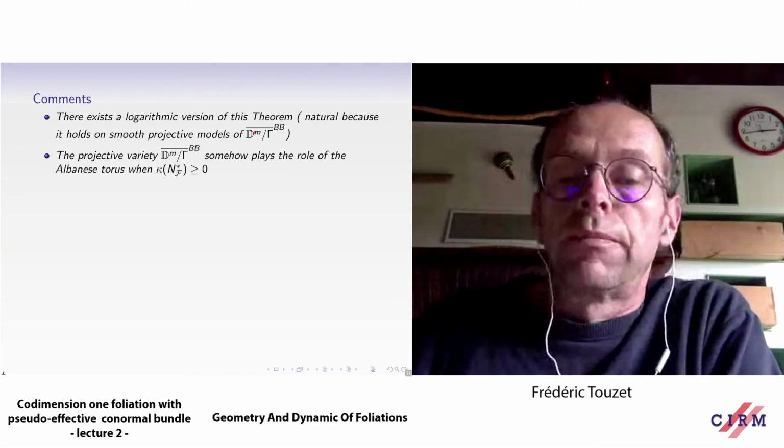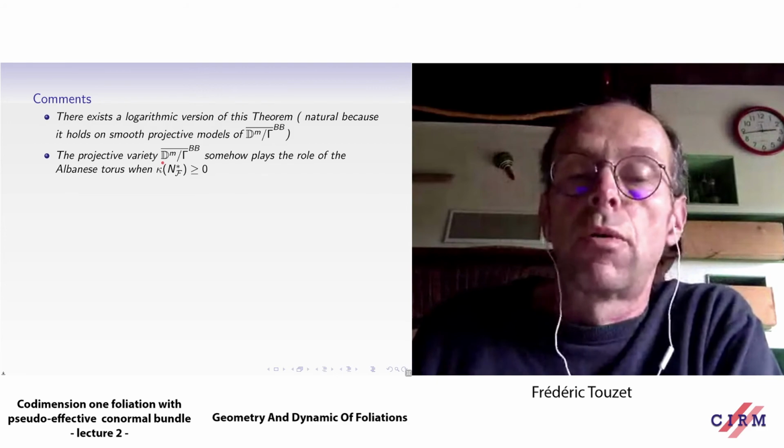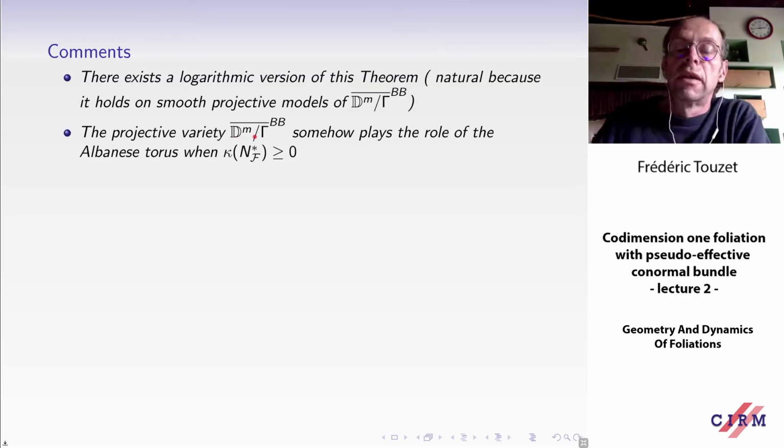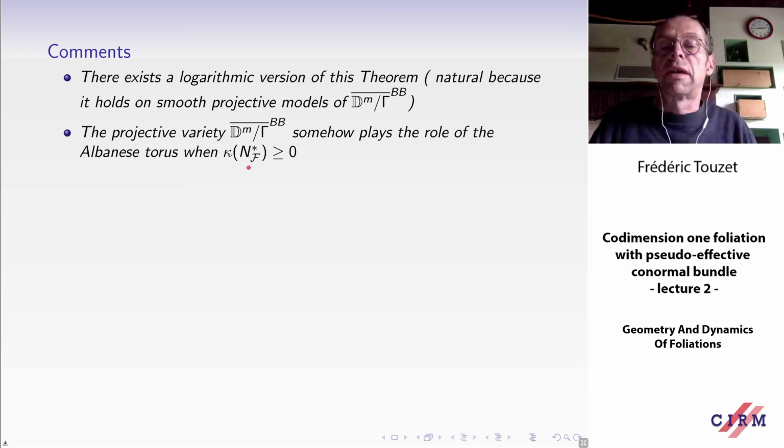And one can also observe that somehow this variety, normal projective variety, plays an analogous role to the Albanese torus when the Kodaira dimension of the conormal is non-negative.